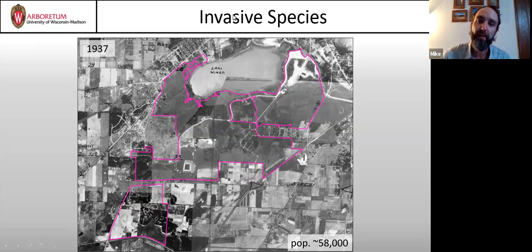UW campus would be up here, or to the north a mile or so. But you look to the southeast and south and southwest, it's still in ag production in the 30s, and even most of the Arboretum, where land was starting to be acquired in 1932, was still in ag production, or at least coming out of ag production, and maybe some fallow fields.